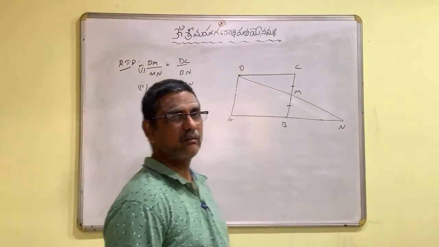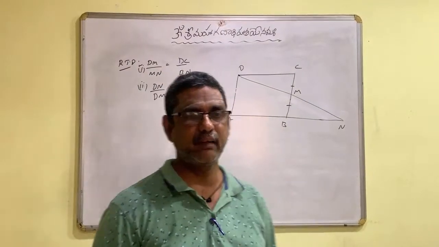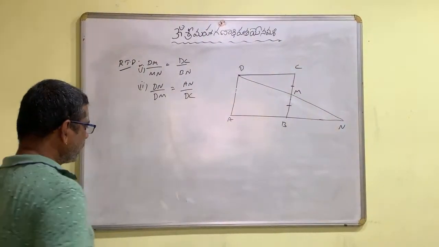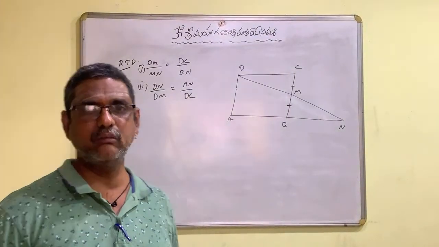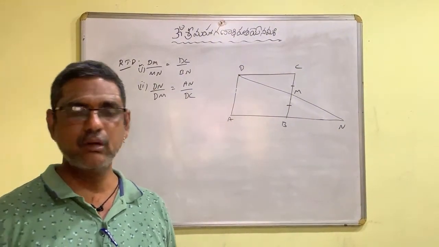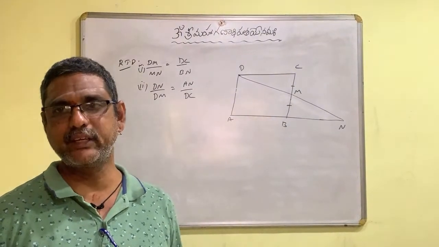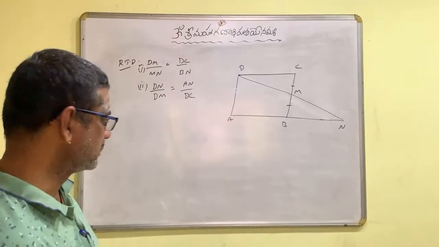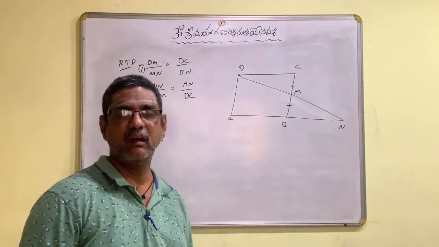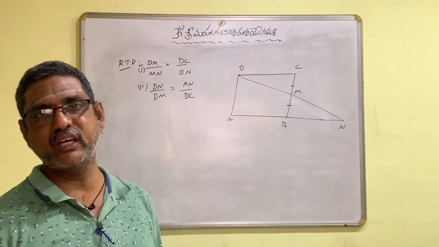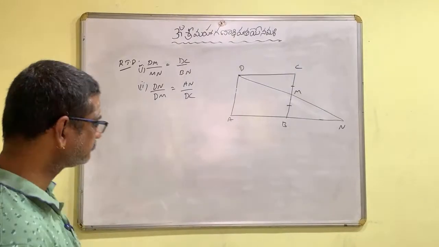Once I try to recall basic proportionality theorem, I will try to recall their corollaries also. I am not going to explain the proof, it was known to you very well. Just I will try to recall the definition of basic proportionality theorem.